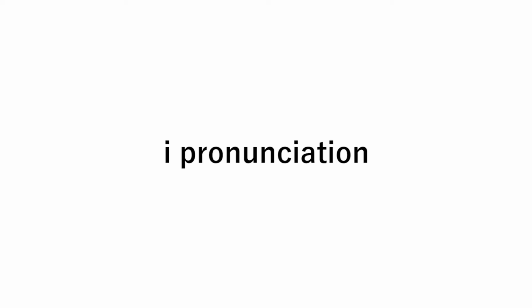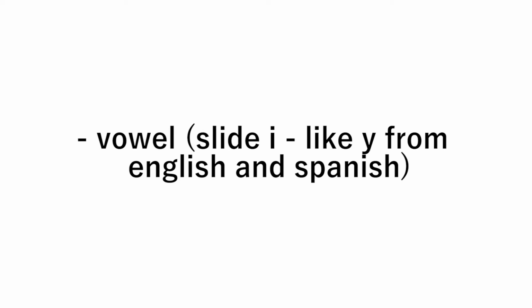Okay, and the second thing is about the I. So this one again, there are two ways besides the long one that I mentioned in the last lesson. If it's a vowel, you will pronounce it like a slide e.